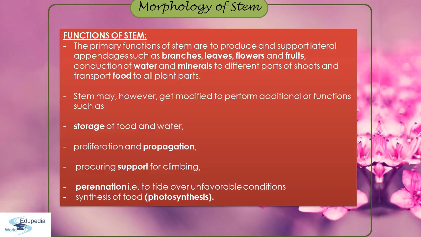A stem may, however, get modified to perform additional functions such as storage of food and water, proliferation and propagation, procuring support for climbing, and perennation. That means to tide over unfavorable conditions. And synthesis of food is the main function, which is known as photosynthesis.